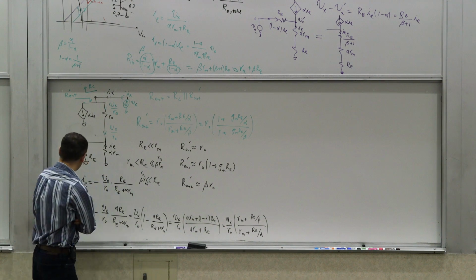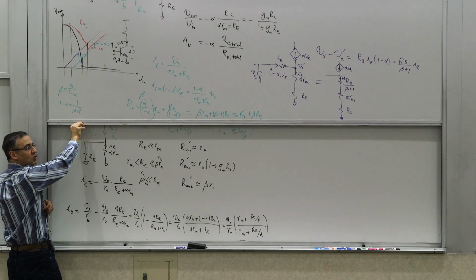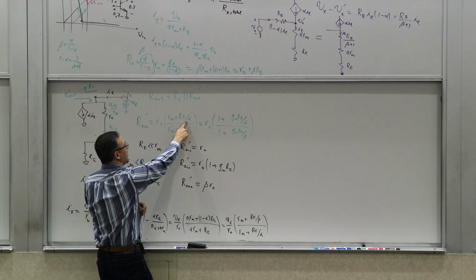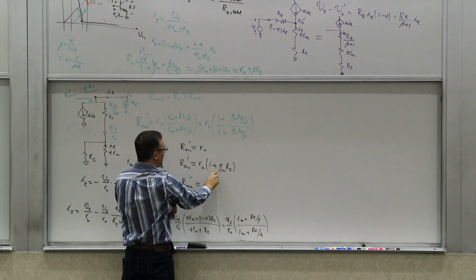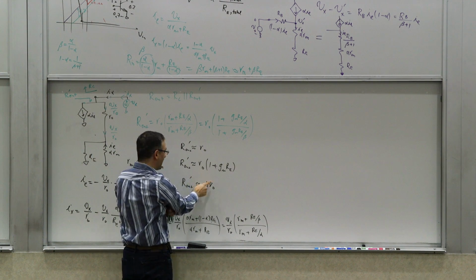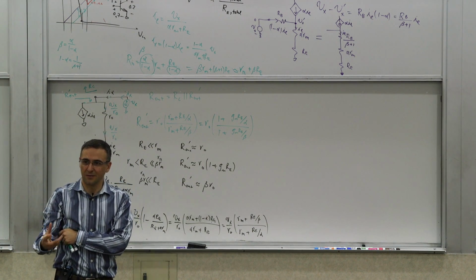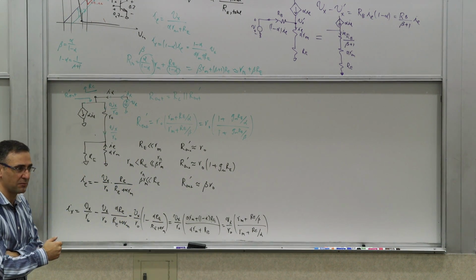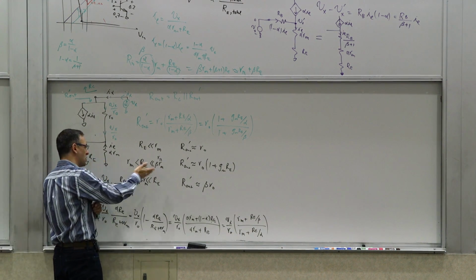Infinity as a result, right? Because beta is alpha over 1 minus alpha. So if alpha is 1 and beta is infinity, this term disappears. So you will end up here, right? So there is no limit like this, at least fundamentally, for the output resistance, how much it can be increased. So you increase the Re and you increase the output resistance.